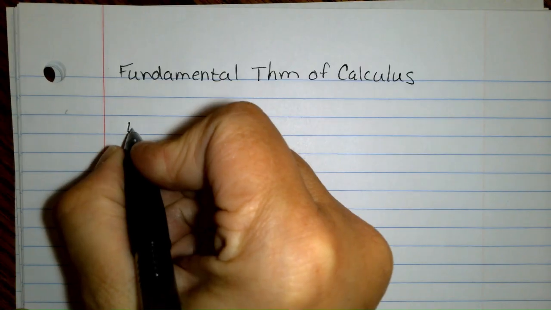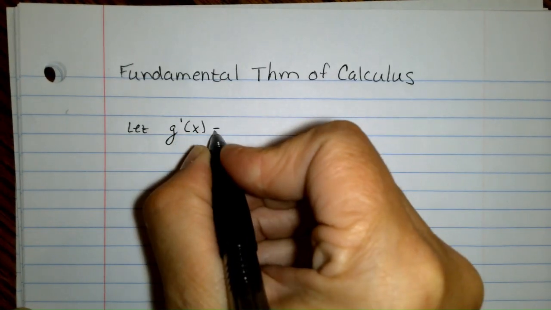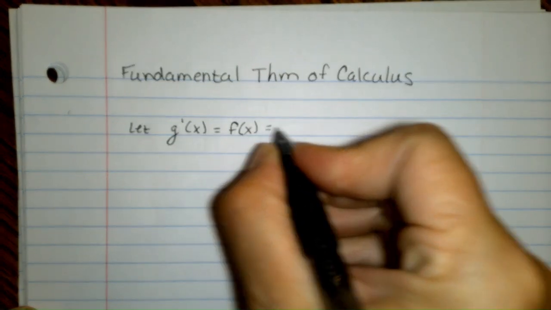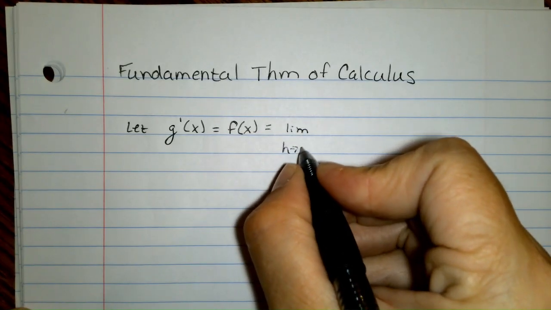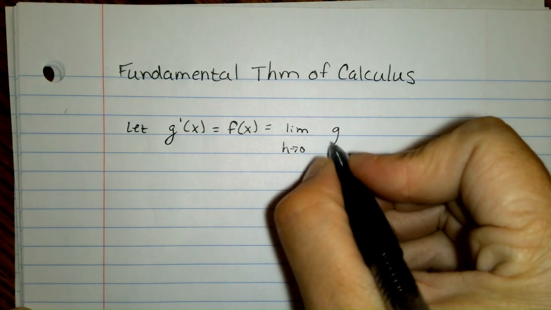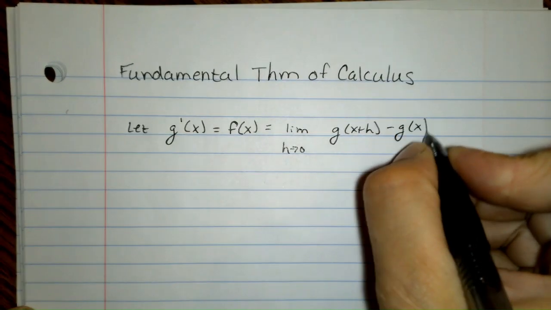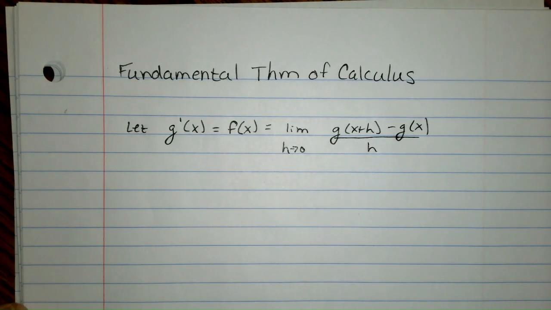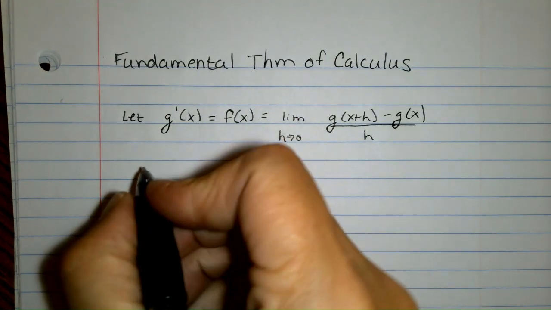So here we go. Let the derivative of g of x equal f of x, equal the limit as h approaches 0 of g of x plus h minus g of x over h, which is what we called the derivative process in the first place, right? Okay.